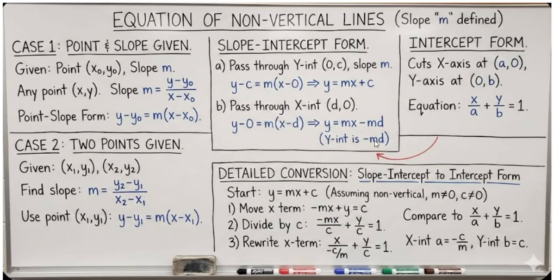Suppose m is positive and d is negative, then the y-intercept is positive. If d is positive and m is negative, again the y-intercept is positive.